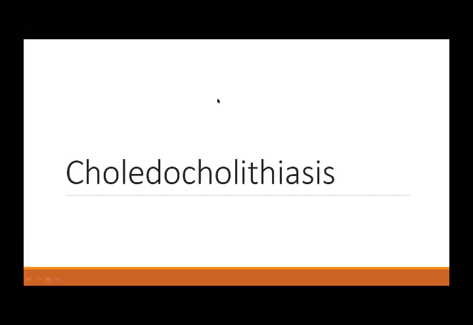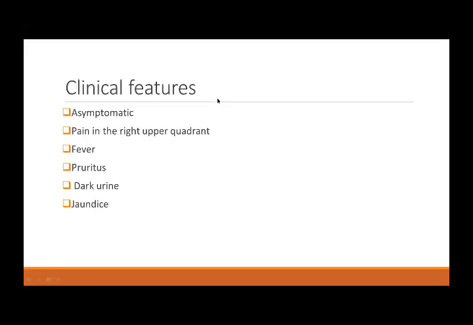So let's summarize this topic of cholelithiasis. Again, it can be totally asymptomatic. It can cause obstruction, so you expect the features of obstructive jaundice: high bilirubin, pruritus, dark urine, jaundice, pain in the right upper quadrant, and fever.